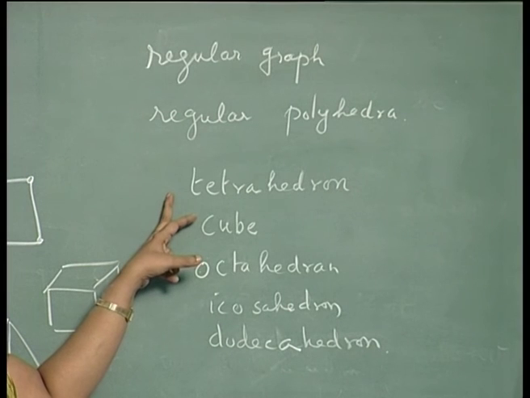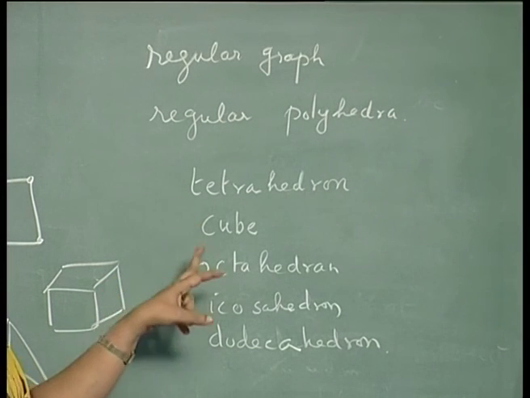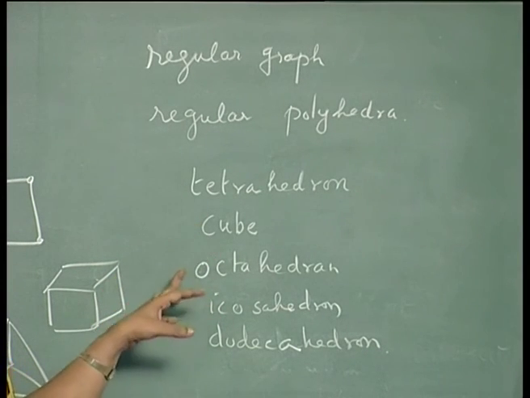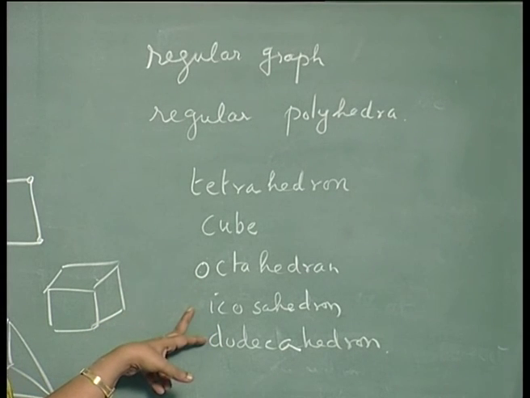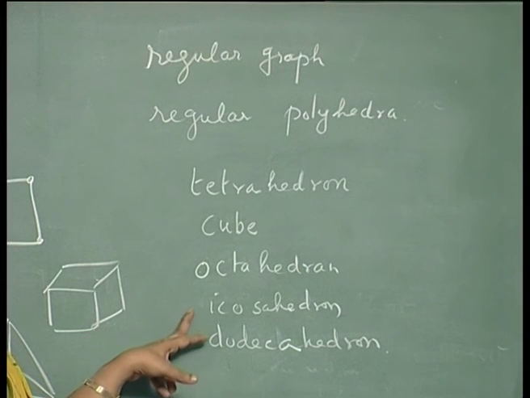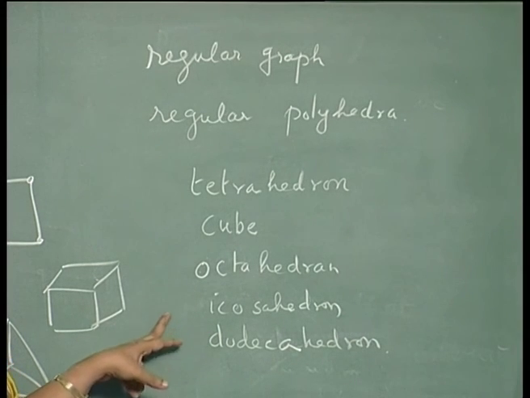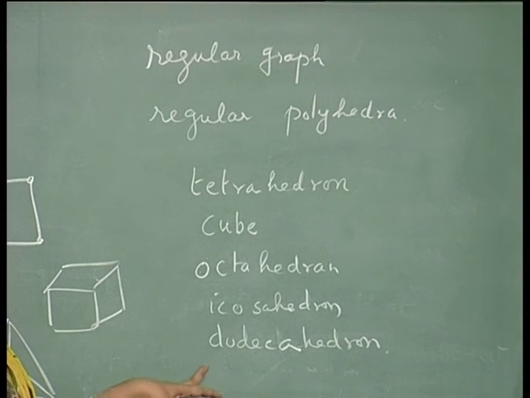Tetrahedron consists of 4 triangles, cube consists of 6 squares, octahedron consists of 8 triangles, icosahedron consists of 20 triangles, each face is a triangle. Dodecahedron, each face is a pentagon, and this has been derived from Euler's formula.